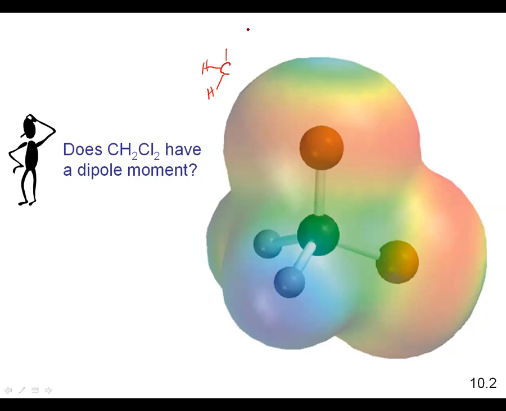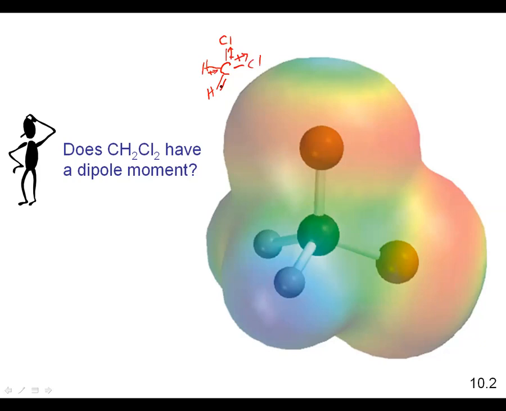Cl2. So between carbon and chlorine, the chlorine is more electronegative. And again, between carbon and hydrogen is essentially nonpolar, but there's a little bit of pull going this way.